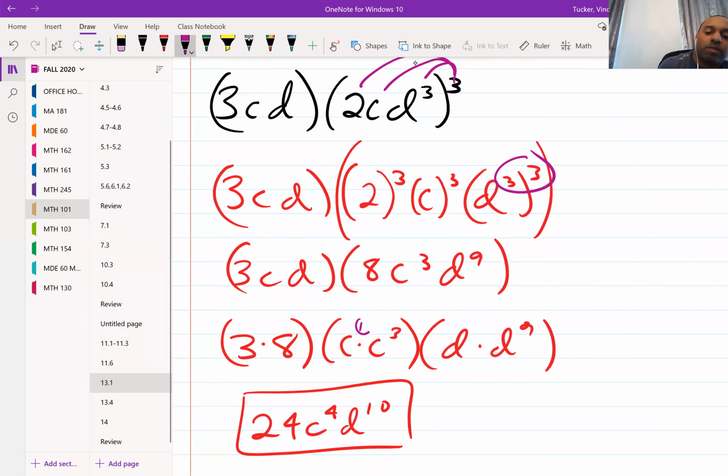Don't forget there's a 1 here. d times d to the ninth is d to the 10th, because once again there's a 1 here. All right, questions? Any questions?